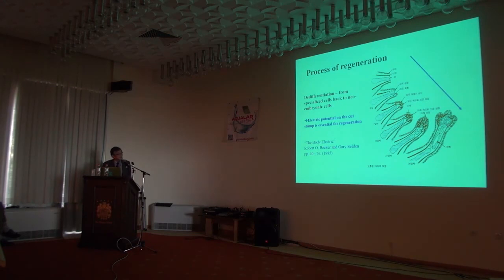In the book The Body Electric written by Becker, it is described that regeneration occurs through de-differentiation, and the electric potential is essential for regeneration. So I think that if we apply this kind of technology, then the cells can de-differentiate and regenerate. So this is probably the mechanism for the regeneration of the cell.